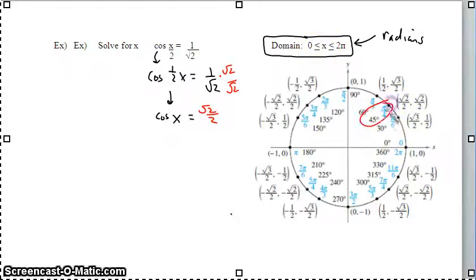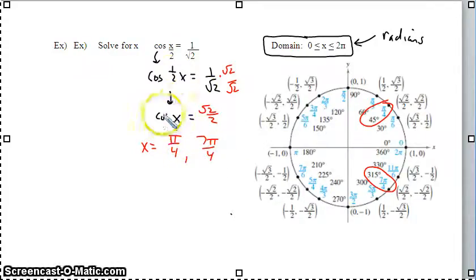So I see pi over 4, and I see 7 pi over 4. So what that tells me is that when we solve this, we said that x was equal to pi over 4 and 7 pi over 4.